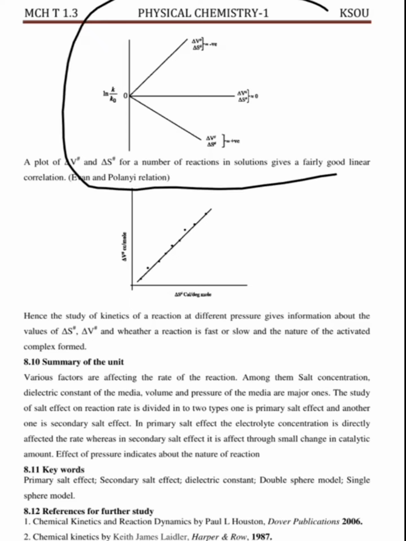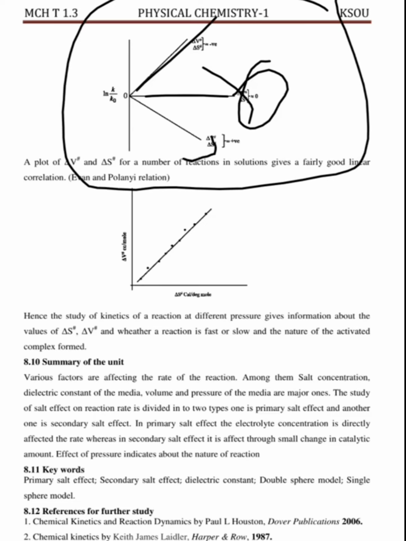You can see three different plots. When both are negative, the rate of reaction increases. When both are neutral, the ion will be stable. When it is positive, the rate of reaction decreases.